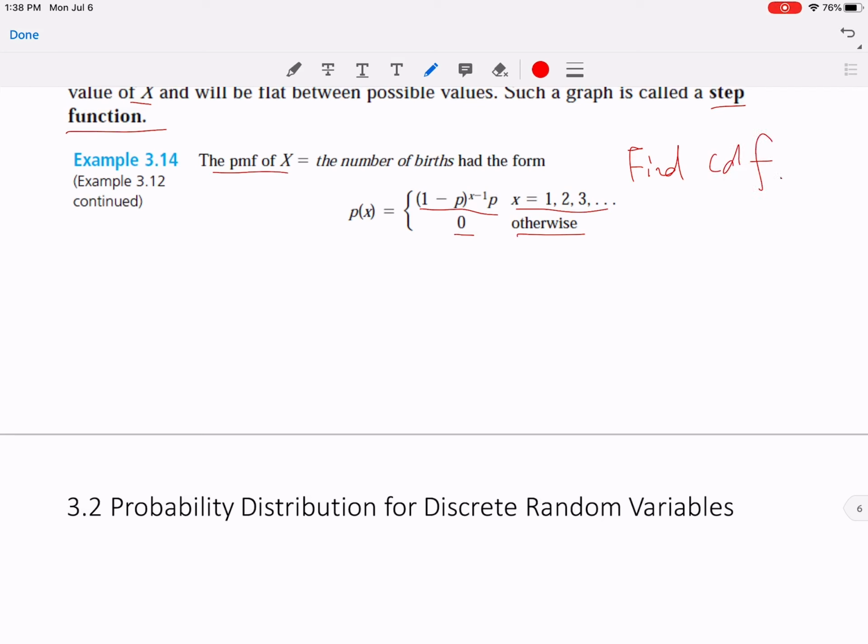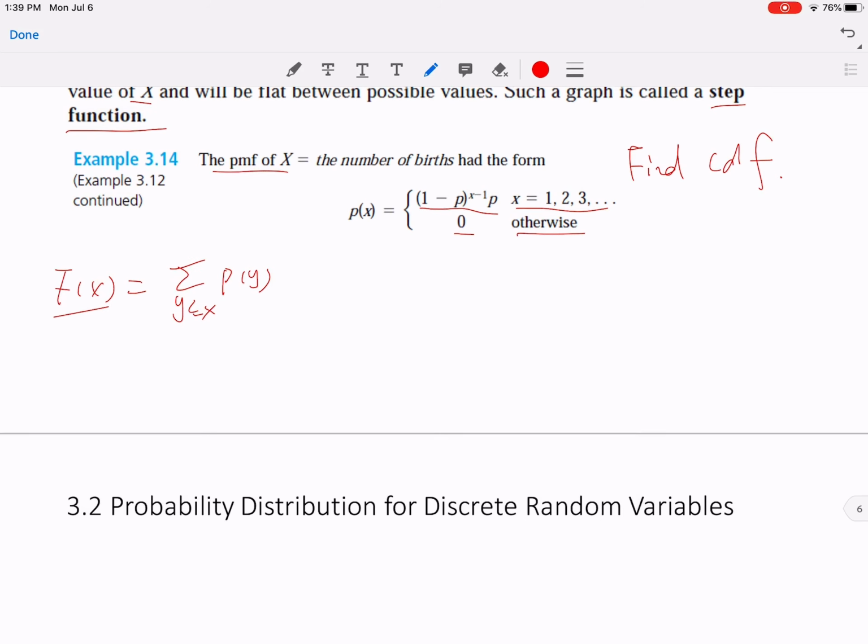Now, based on the definition, we have f of x is equal to the sum over y less than or equal to x of p of y. So that means f of x is equal to the sum of all probabilities for which y is less than or equal to x.